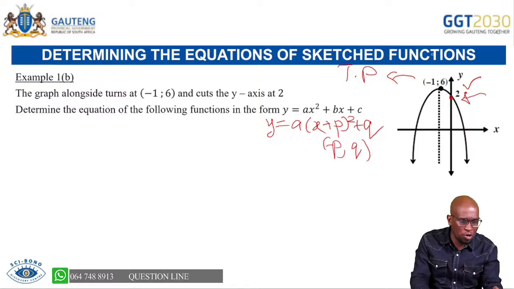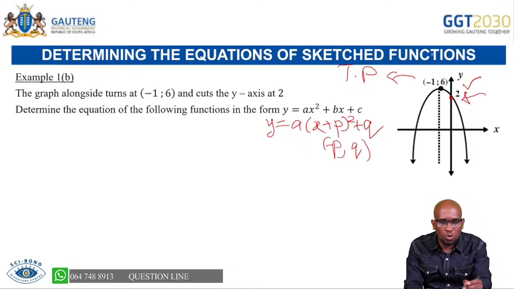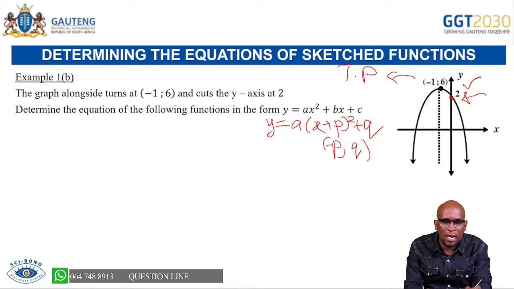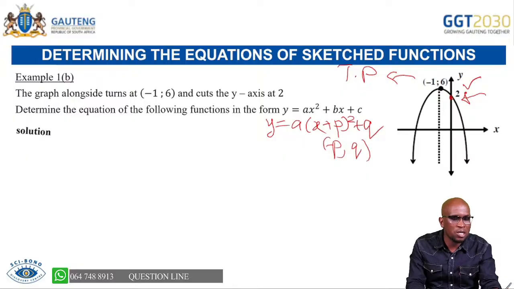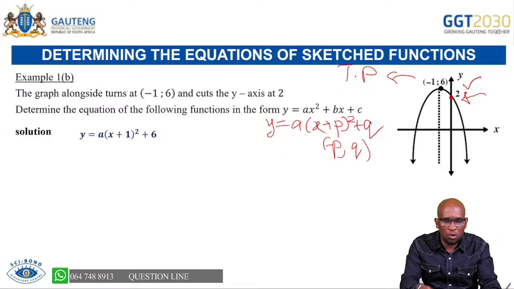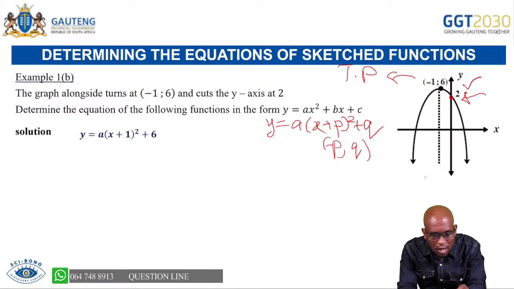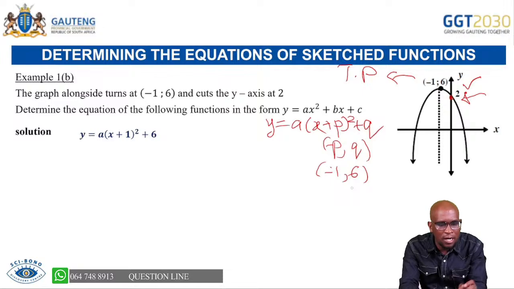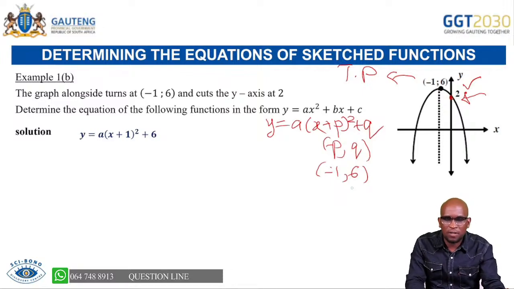In this case, the coordinates are given, so we are going to substitute negative 1 and 6 into that equation. We see that the turning point is (-1; 6), which means that p is 1 and q is 6.